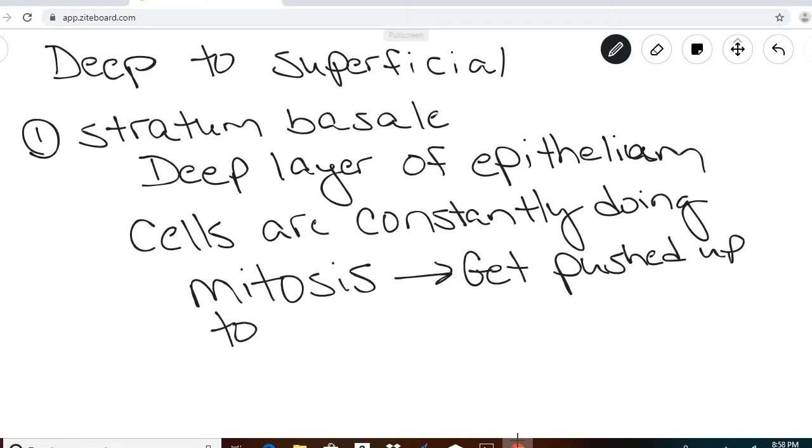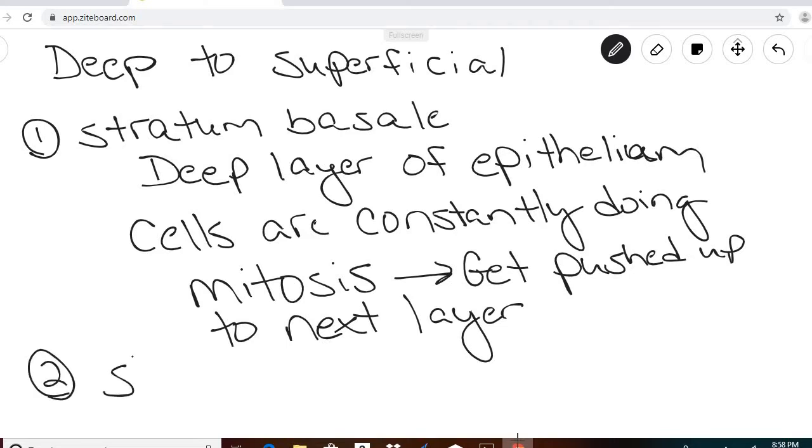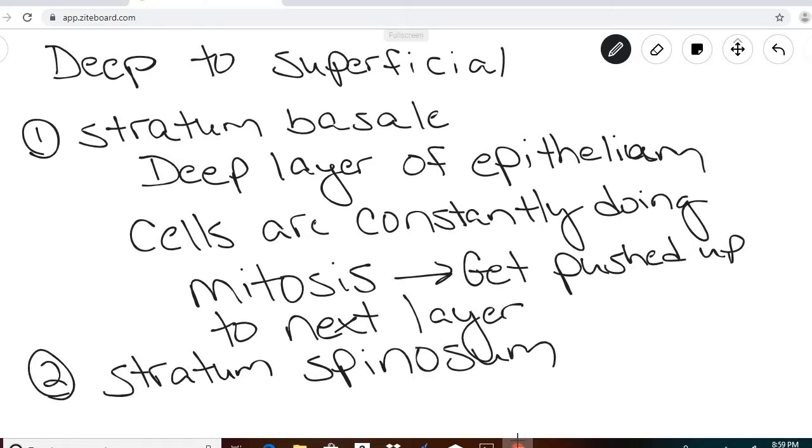And that next layer is called the stratum spinosum. And the stratum spinosum also does mitosis.